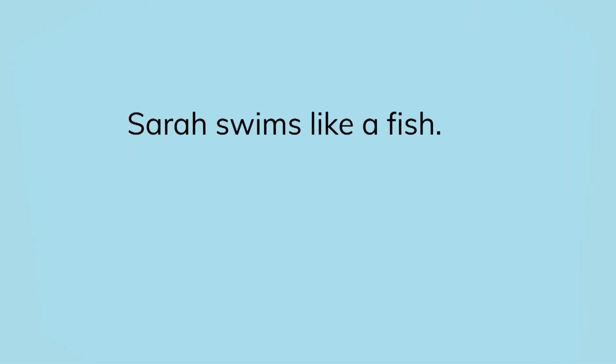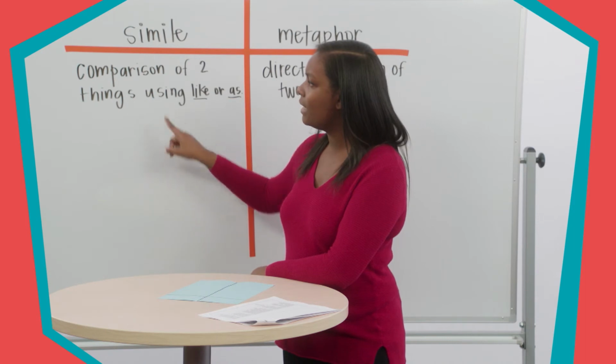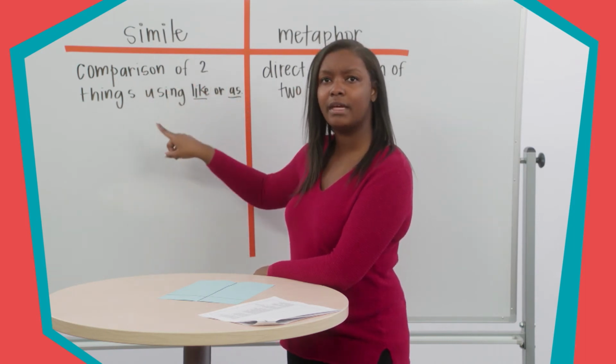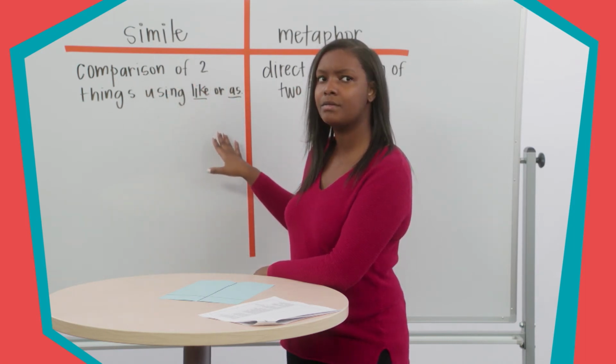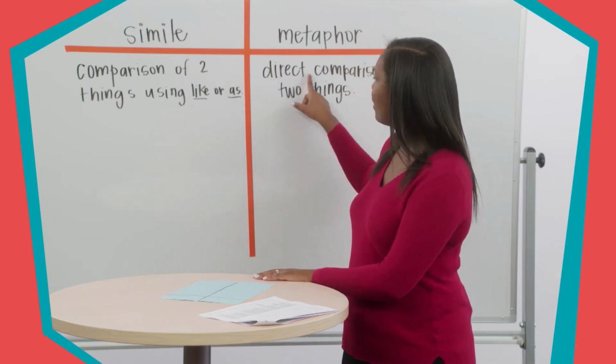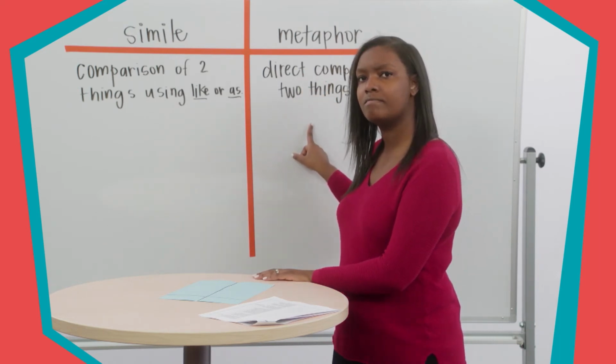Our first short text is, Sarah swims like a fish. How do I know if this is a simile or metaphor? I need to go ahead and look back at my definitions. Okay, so a simile is a comparison of two things using like or as, while a metaphor is a direct comparison of two things.